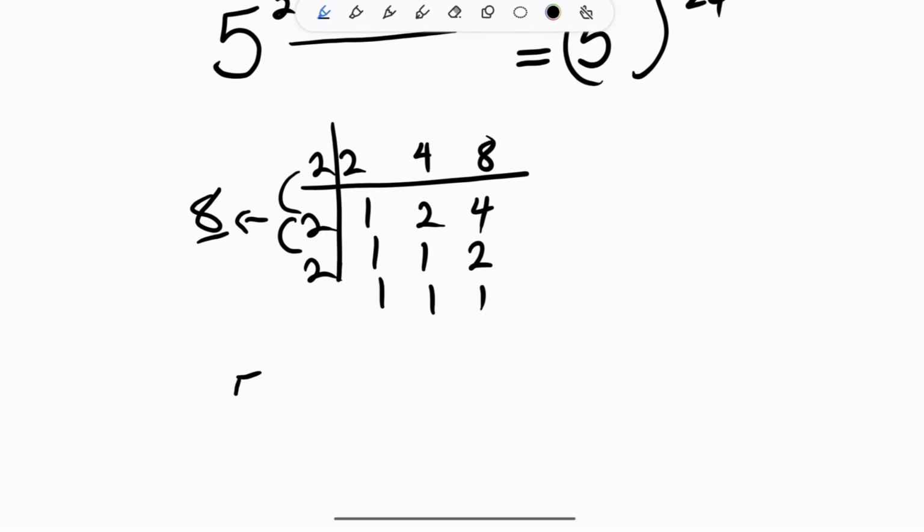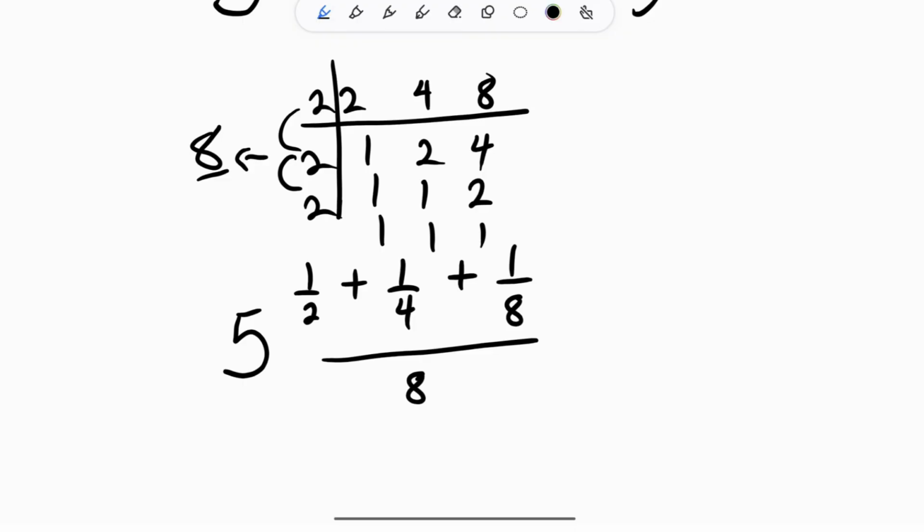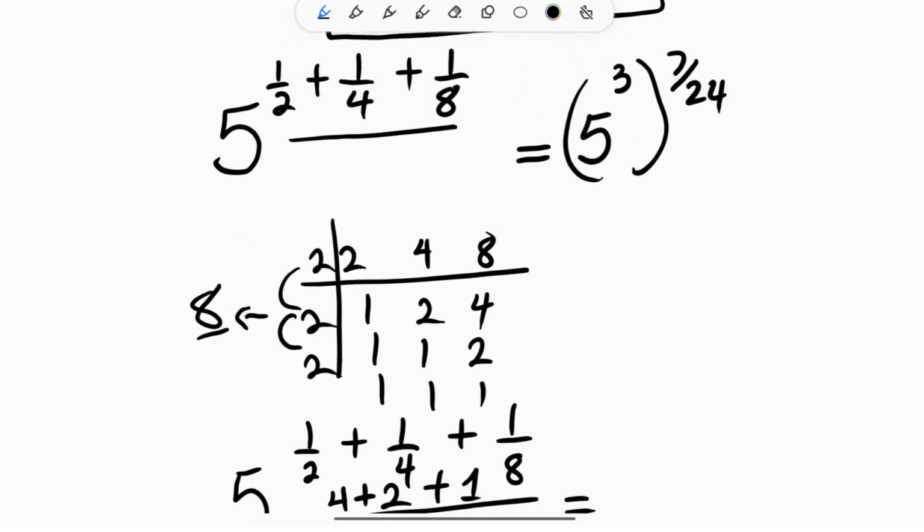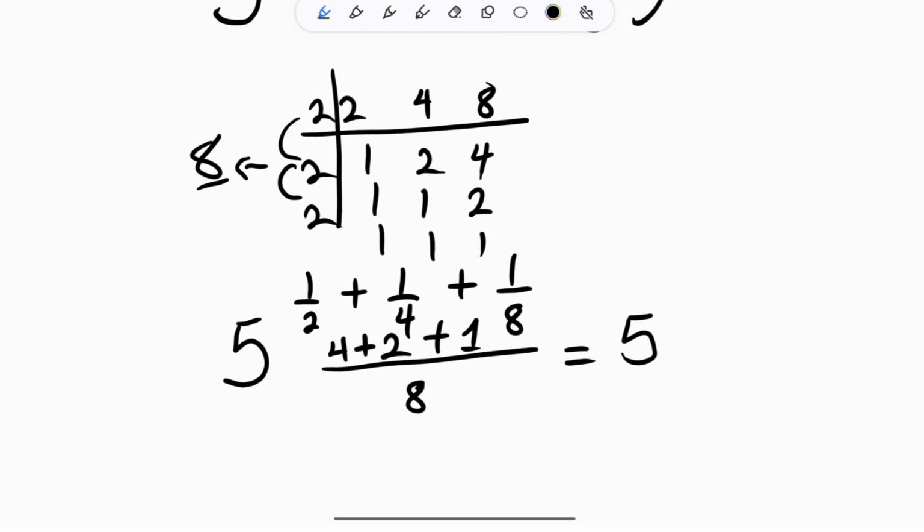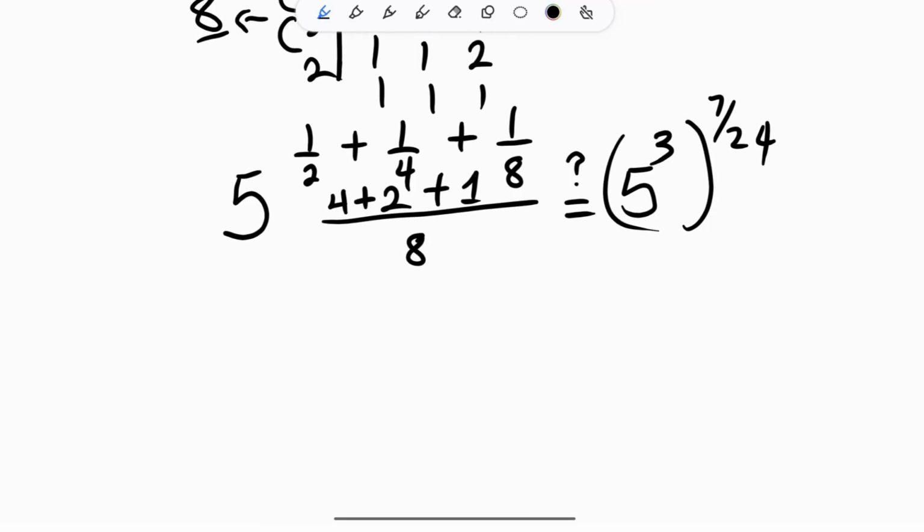So we have 5 raised to the power 1/2 plus 1/4 plus 1/8, all divided by 8. 2 in 8 gives us 4, 4 in 8 is 2, 8 in 8 is 1. This is 5 raised to the power 4 plus 2 is 6, plus 1 is 7/8.